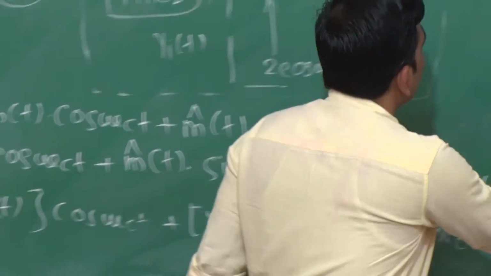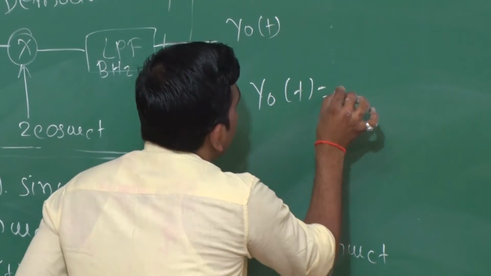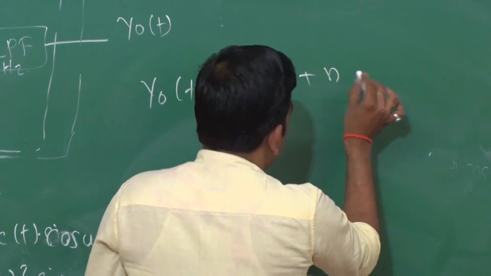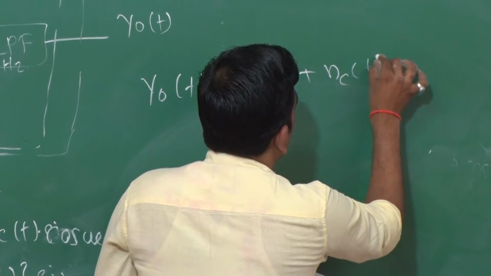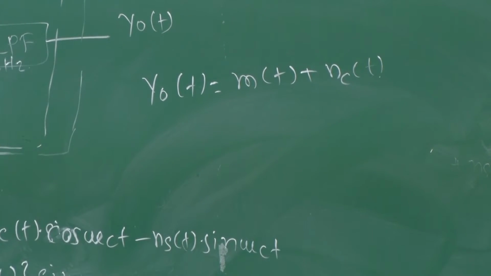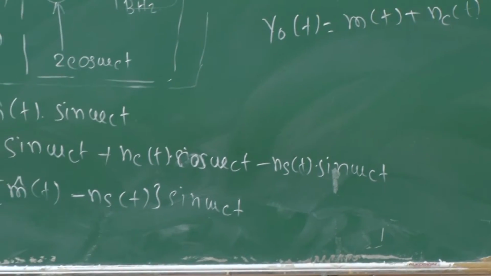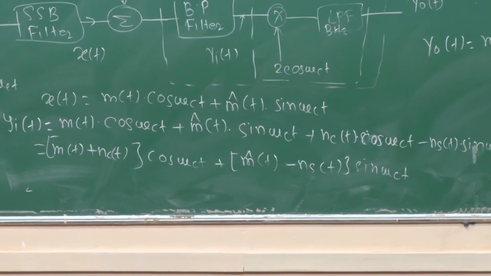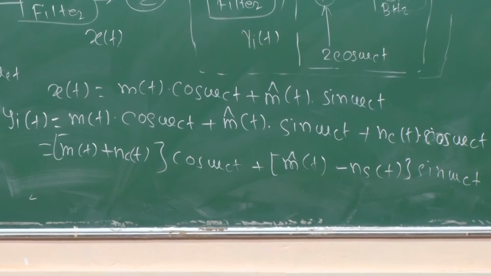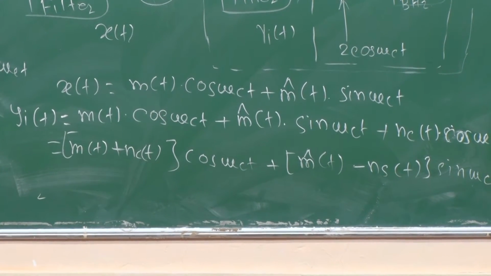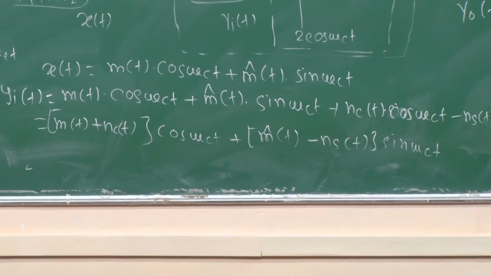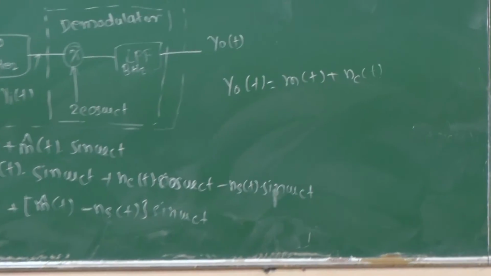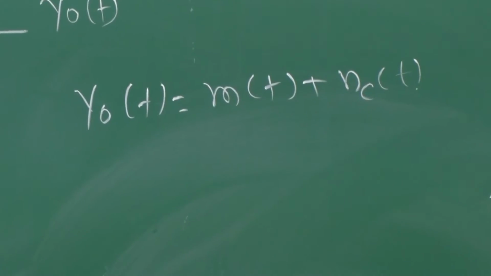At the output, y0(t) is equal to m(t) plus nc(t). So here the power of 2 m(t) cos omega_c t is equal to m square of t bar, that is the mean square value of the message signal.